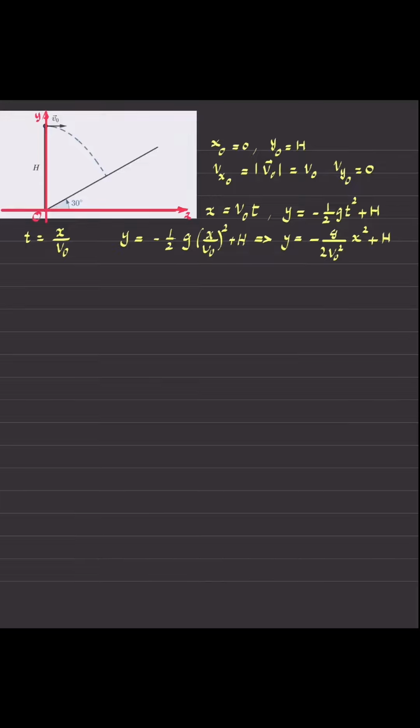Okay, but now let us understand the equation of this line. Because this angle is 30 degrees, the slope of this line is tangent of 30, and because it passes through the origin, the y-intercept of this line is just 0.